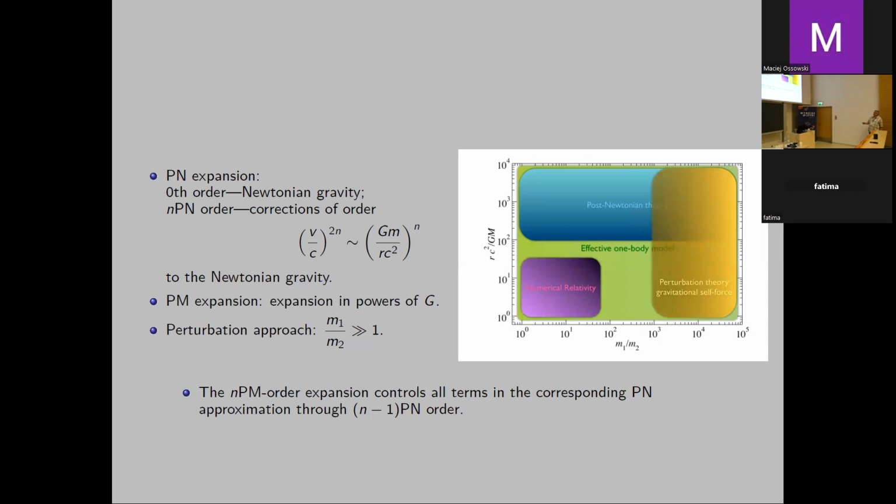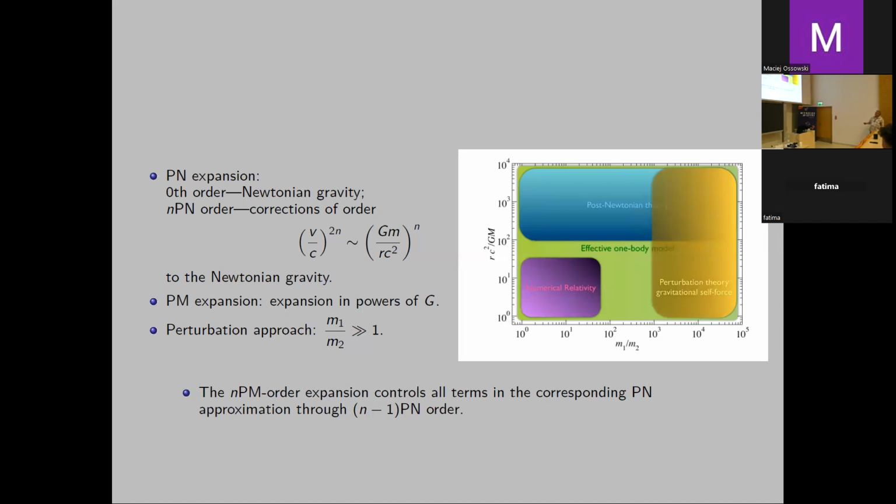And moreover, we are interested only in gravitationally bound systems. It means that v squared is of the order of the typical value of the Newtonian gravitational potential in the source. So again, the 1PN correction is a correction of the order (v/c)^2. 2PN is (v/c)^4, 3PN is (v/c)^6, and so on.